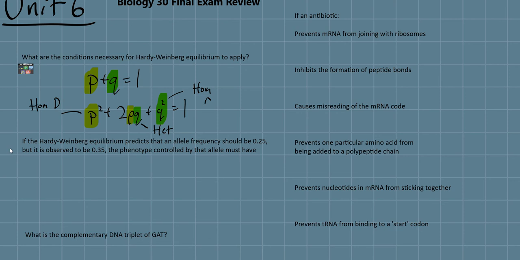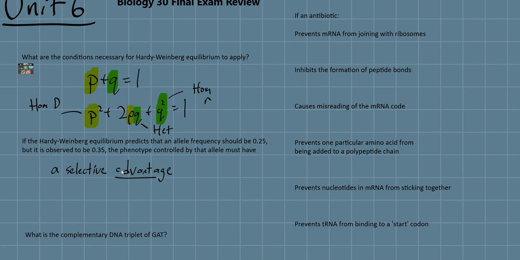Here we say if the Hardy-Weinberg equilibrium predicts that an allele frequency should be 25%, so 0.25, we usually do this in decimal form, but it's observed to be 35%, so higher than expected, the phenotype controlled by that allele must have some kind of advantage. So it would not fall under Hardy-Weinberg because the prediction didn't work.